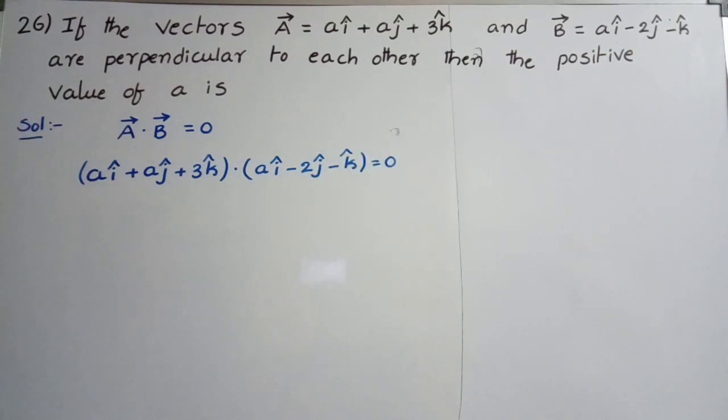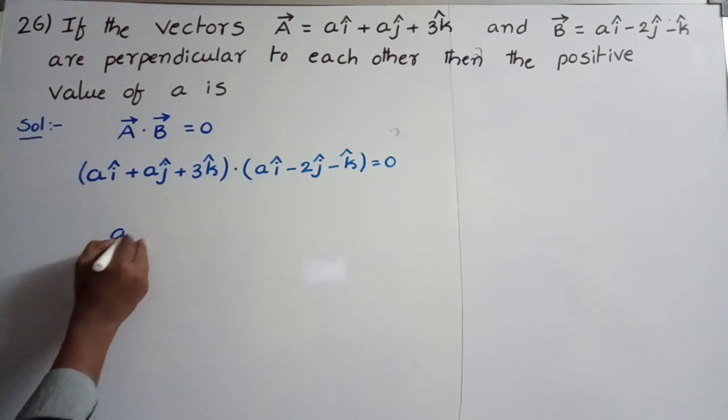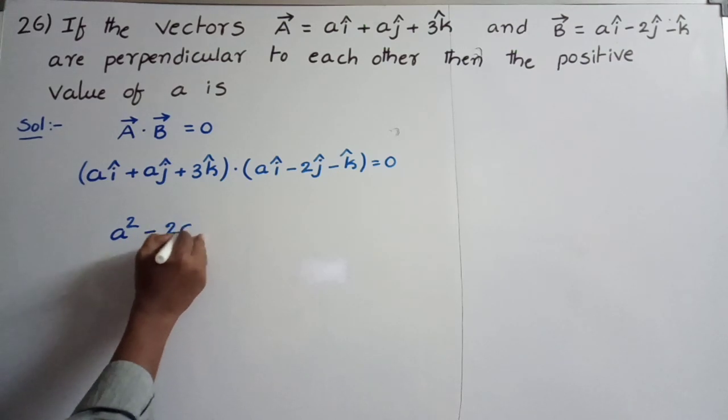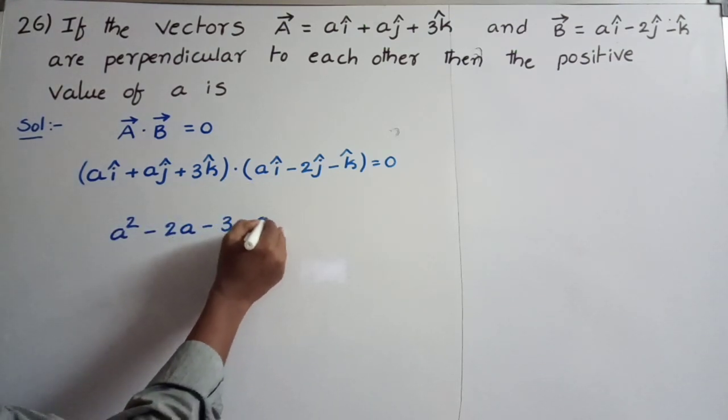In dot product, we multiply x components, y components and z components. a into a is a square, plus a into minus 2 is minus 2a, plus 3 into minus 1 is minus 3, is equal to 0.